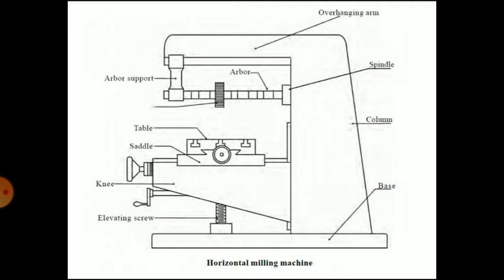The top of the column is finished for movement of the overhanging arm that extends outwards at the front of the machine. So the top of the column is also accurately machined so that you can slide that overhanging arm, the element at the top, over the column in a horizontal direction.